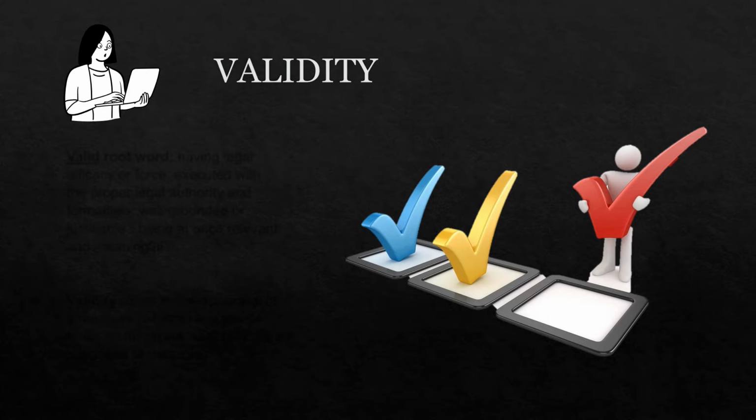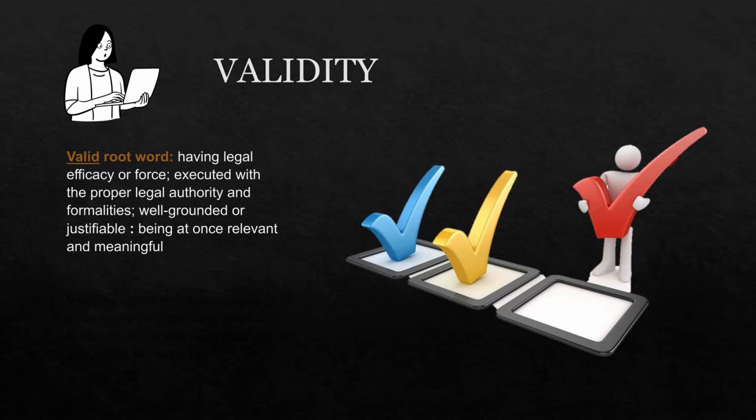So first is validity. What does validity mean? From the root word valid, it is having legal efficacy or force, executed with the proper legal authority and formalities, well-grounded or justifiable, being at once relevant and meaningful.